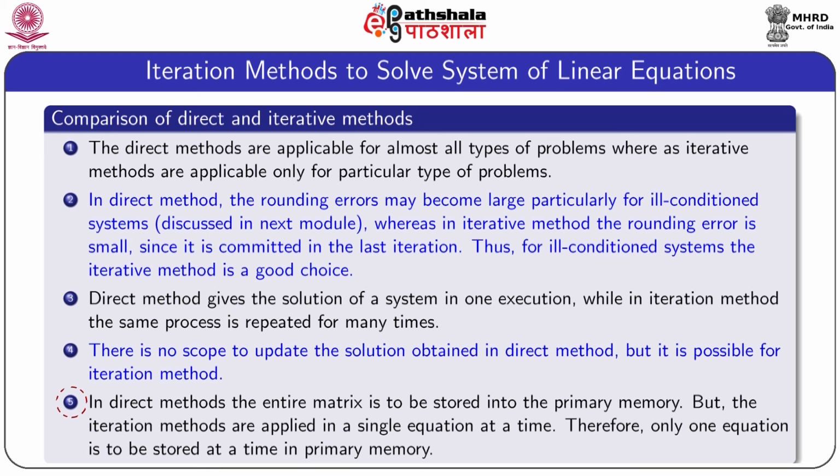So, from this analogy, we can conclude that the iteration method is better than the direct method, but the iteration method is not applicable for all kinds of systems of equations. So, if the iteration method is applicable for a particular system of equations, then the iteration method is better than the direct method. In this module, we have discussed two iteration methods. One is called Gauss-Jacobi iteration and the other is called the Gauss-Seidel iteration method.